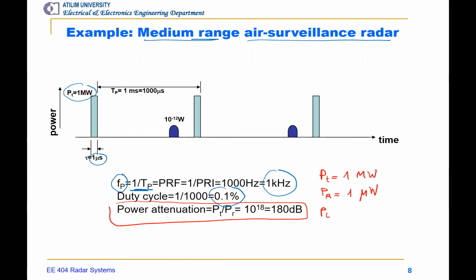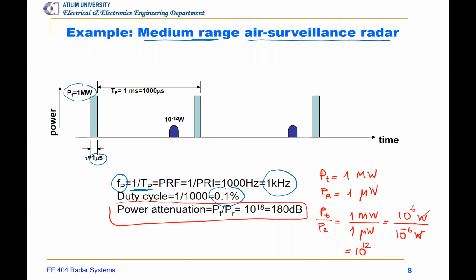And then PT over PR will be 1 megawatt divided by 1 microwatt, which is 10 to the power 6 watt, divided by 10 to the minus 6 watt. Watts cancel out. Then the result is going to be 10 to the power 12.